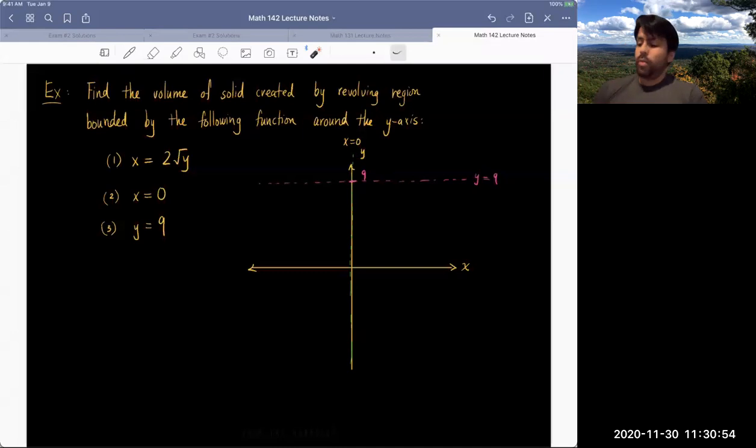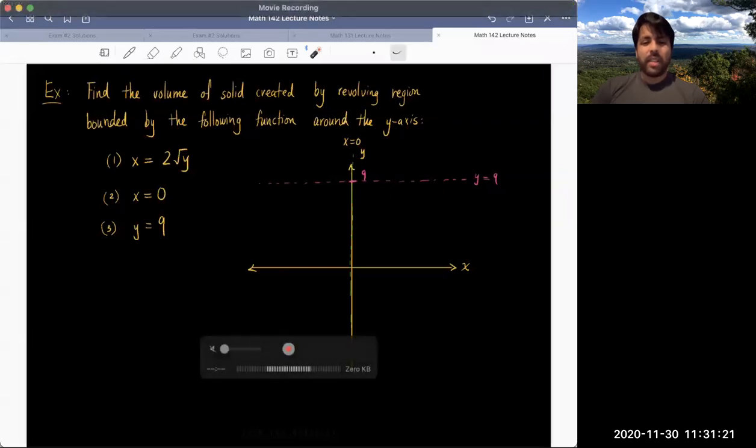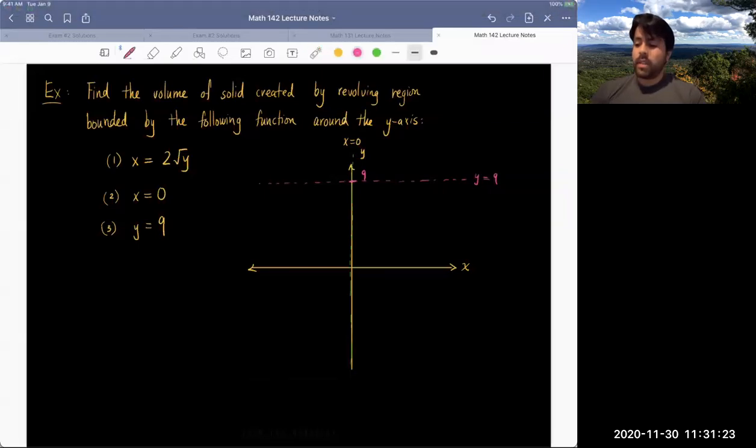So does anybody know what this function looks like when you graph it? Remember how we discussed these kind of problems? What kind of function is this? When we have this square root, it is going to be parabolic in nature, yes. But this is a square root function, guys.